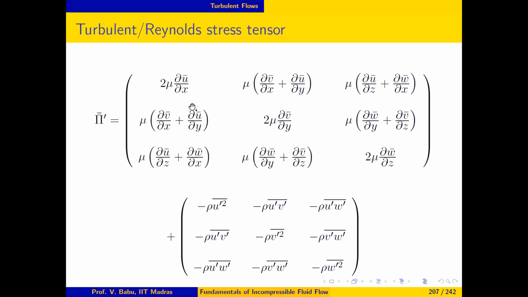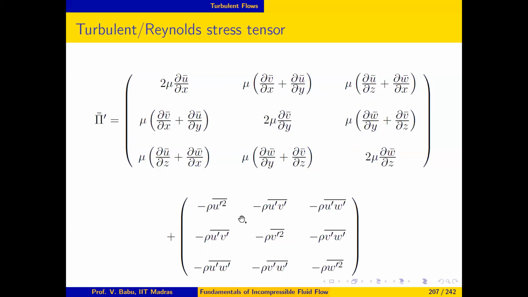Now, if we compare these two stress tensors, it is actually quite tempting to write this term itself in the same form as each one of these terms, which would then allow us to combine this with each one of these. For instance, we may write minus rho u prime v prime bar as, say, some mu sub t times partial v bar partial x plus partial u bar partial y, and similarly for the other terms.